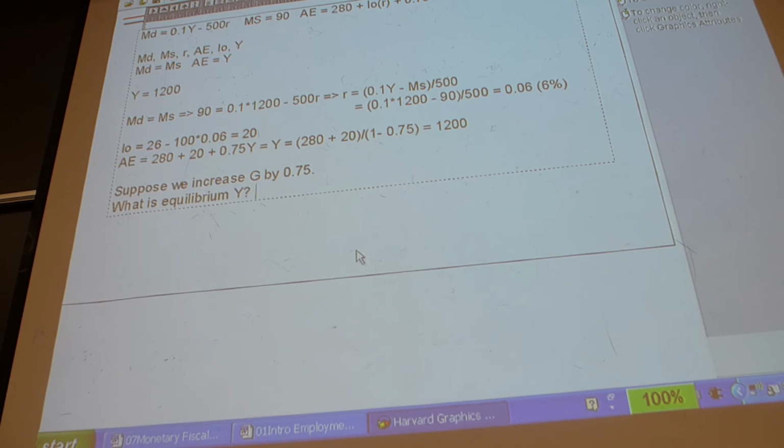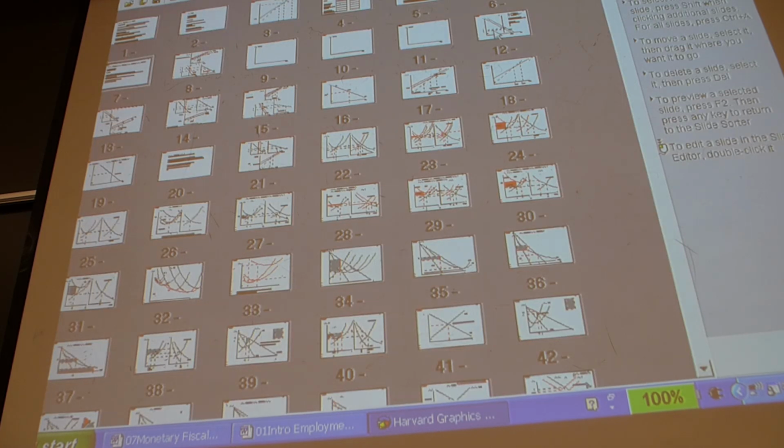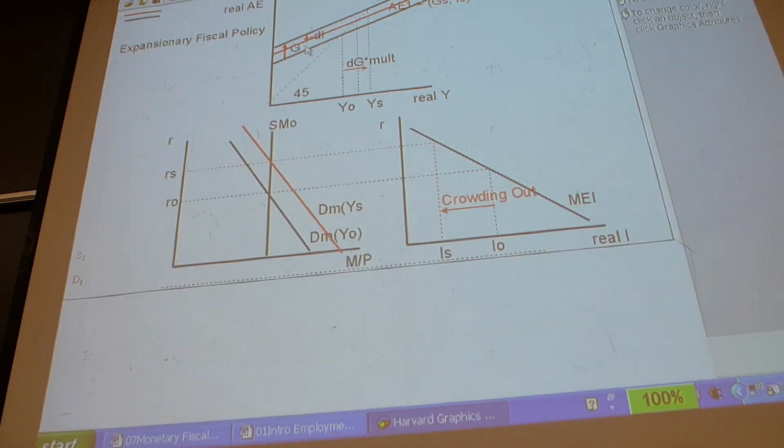If you don't know, this is how you analyze. You work it out. It's a type of analytic technique. So you go back and ask, what did I do with my diagram? Oh yeah, I shifted up AE, right?